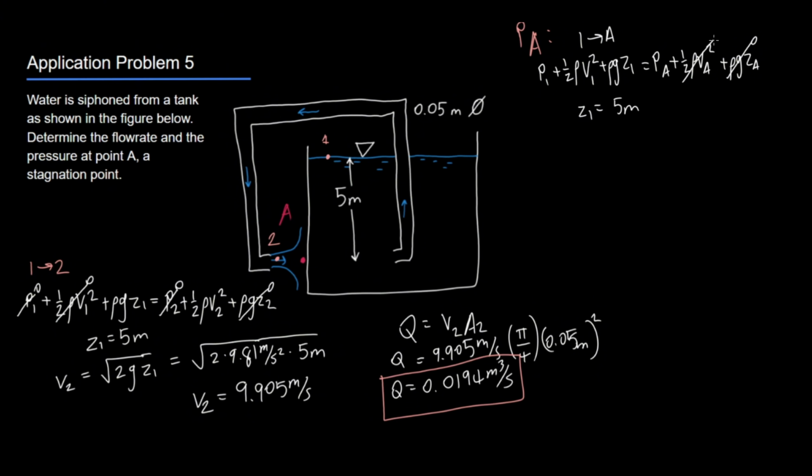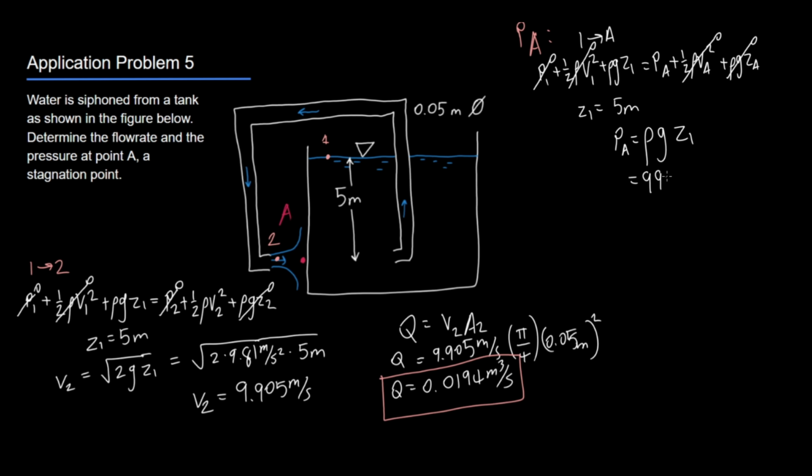There is no velocity at a stagnation point, and we're going to be solving for this PA. At point 1, there is no velocity. We have Z1 and the pressure is atmospheric. And so we just have PA is equal to rho G Z1.